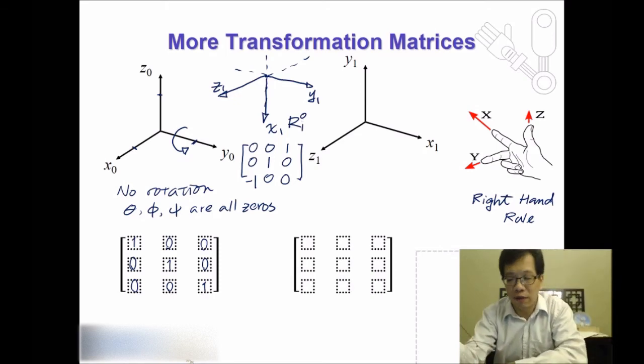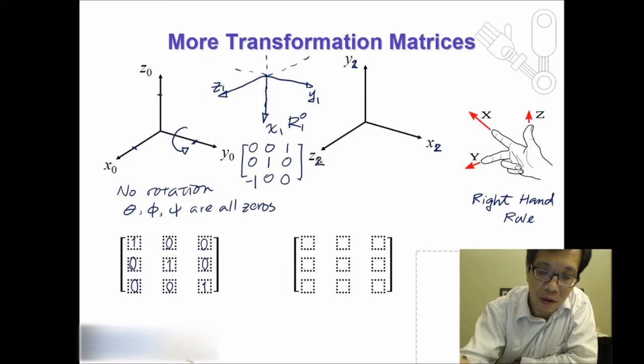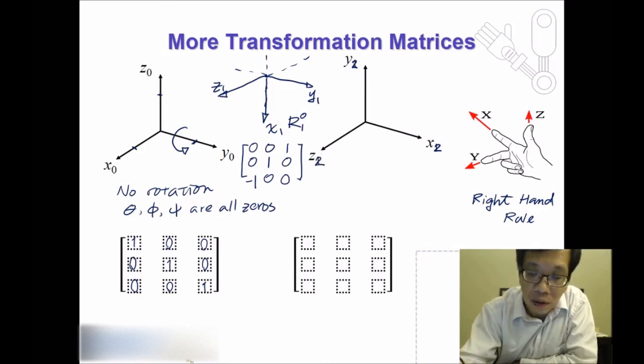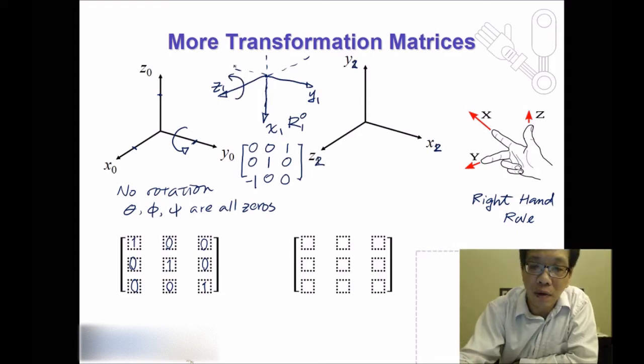If we further rotate this one into another direction, let's name this one x2, y2, and z2. This time we rotate about the new z1 direction by 90 degrees.